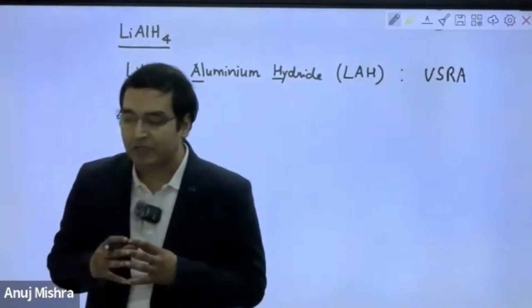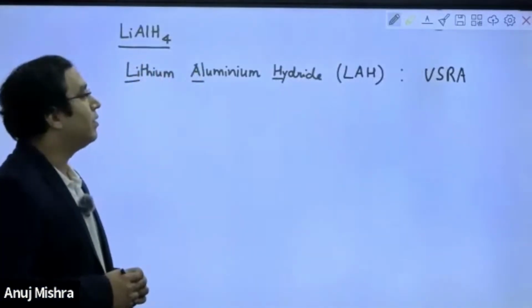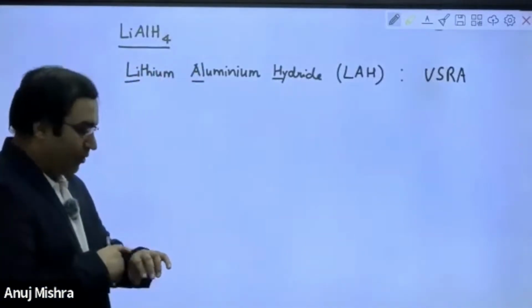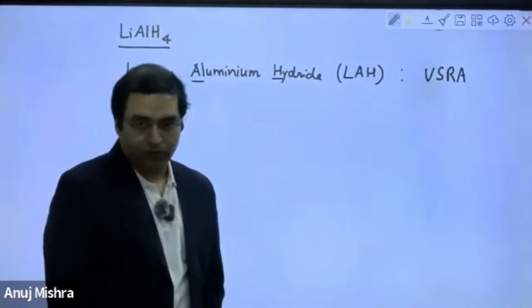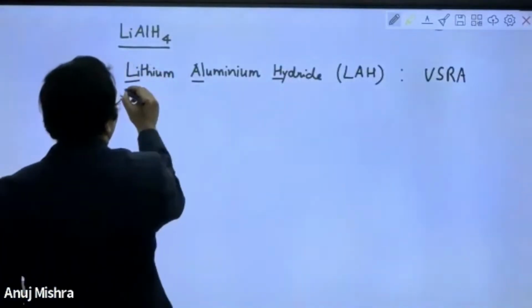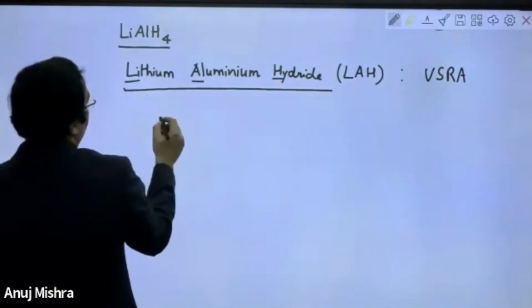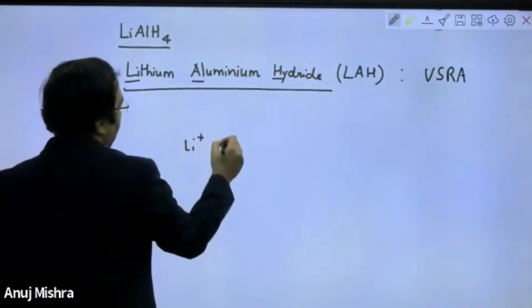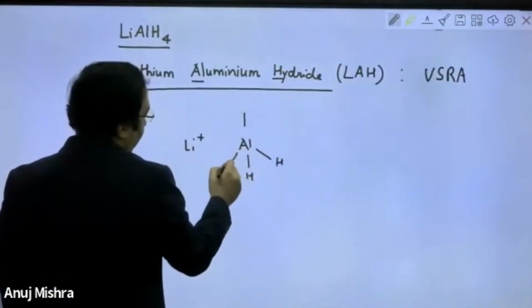Now the question is why it is such a strong reducing agent and what exactly it can do. इसकी कुछ खास बातें देख लेते हैं. So this compound is known because of its structure, which is Li plus and AlH4 negative.